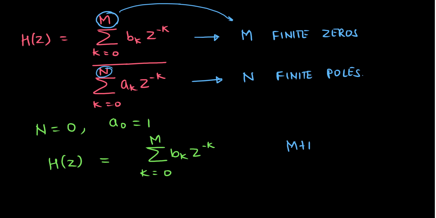So basically we have the filter coefficients as b0, b1 and so on up to b of m, which is of finite length, and hence such type of filters are known as the finite impulse response filters or the FIR filters, whose entire design process and analysis we have already seen in the previous module.